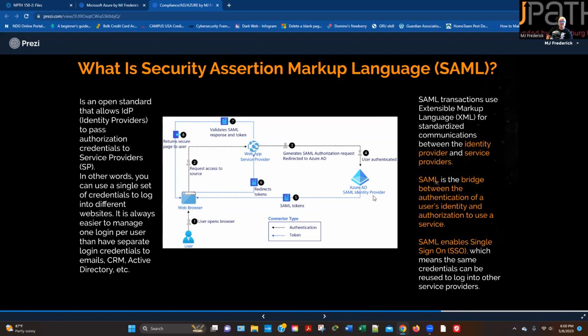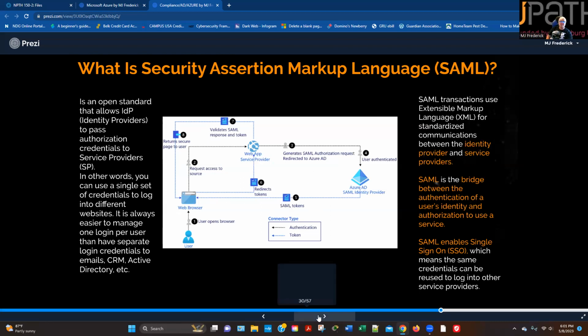So we're going from our identity provider here from Azure, getting our token, going to the web browser, then redirecting the token, going back through the web app service provider, validating the response and token, returning the secure page to the user, and now the user has access. So we've authenticated and we're using a token in order to do this. Now we do it very quickly. We don't see it, but these are all the steps that it takes.